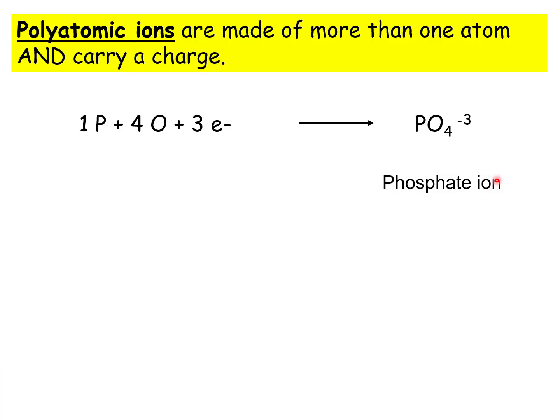Its formula is PO4, and it has a minus 3 charge. I have a lot of people say, well, why is it phosphate? Why not something else? And it's just kind of like you have people who have their own names, like Anne, Jeremy, Tim. That's what their name is. And so PO4 with a minus 3 charge, its name is phosphate.